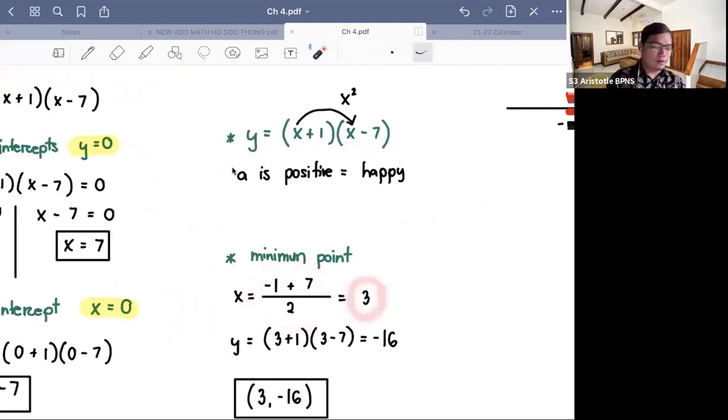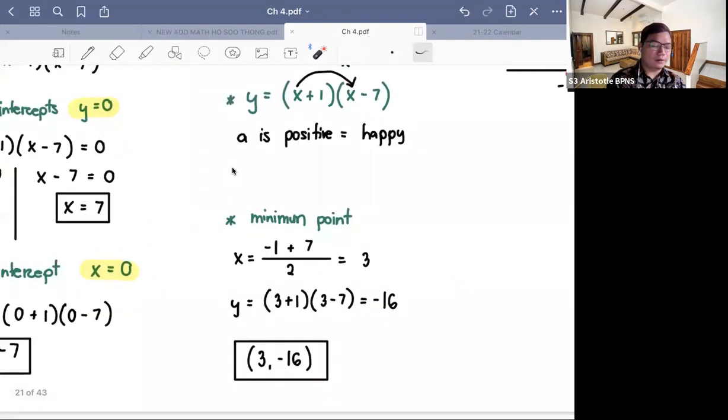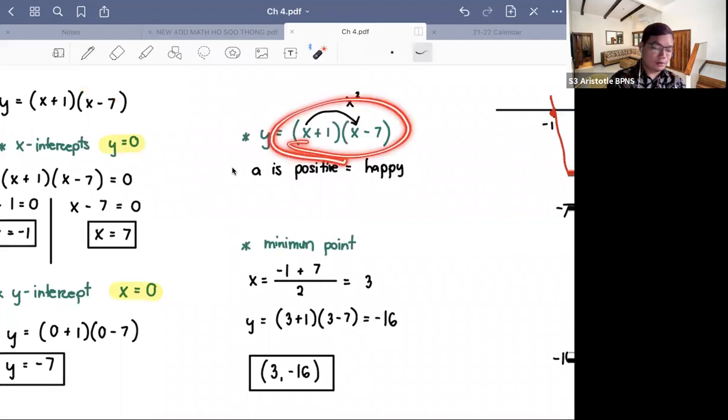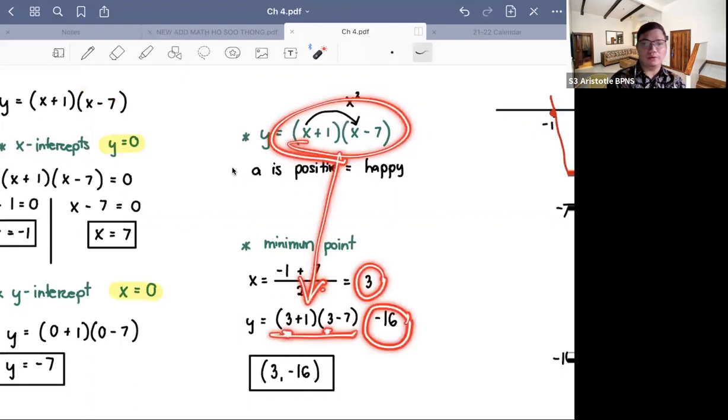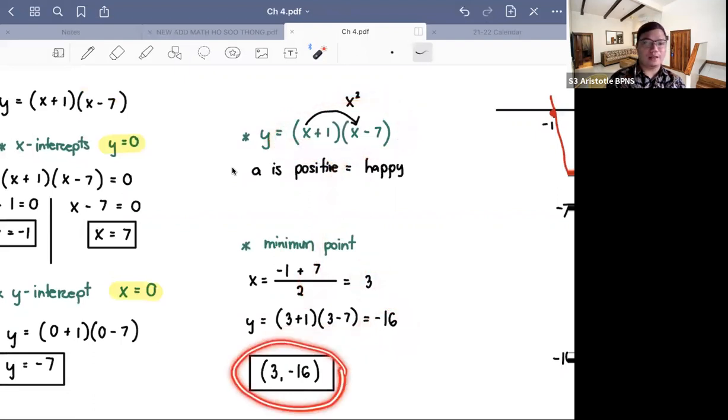And then for your y-coordinate, using the given equation, we just need to make x equal to 3 from the x-coordinate. Once you do that, your y-coordinate is equal to negative 16. Therefore, the coordinates of your minimum point are 3, negative 16.